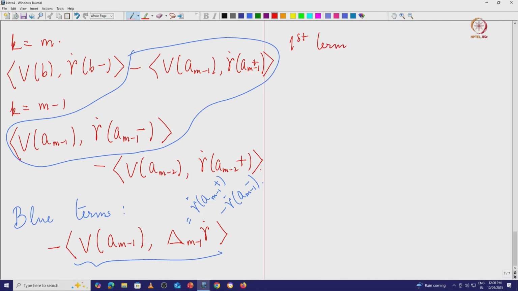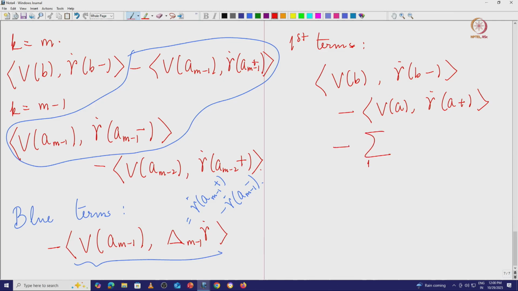So the first term can be now simplified to, you will have the two boundary terms which do not have any counterparts, but then the rest of the terms you can combine them into this summation. Okay, and that completes the proof of the first variation formula.